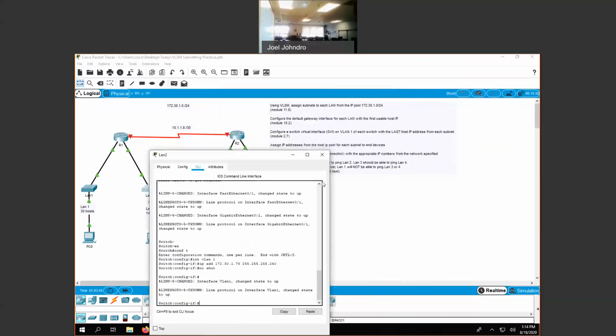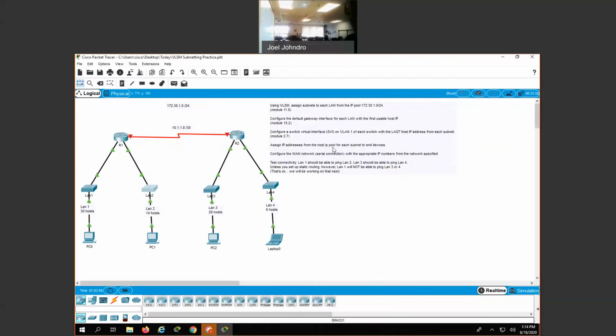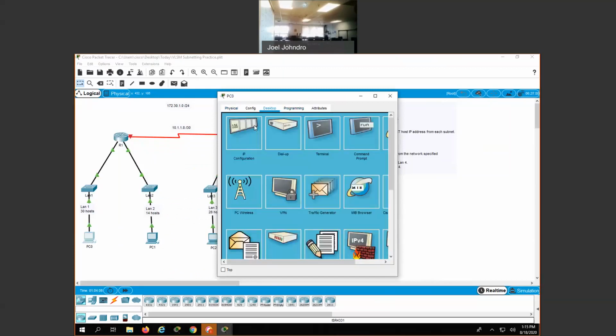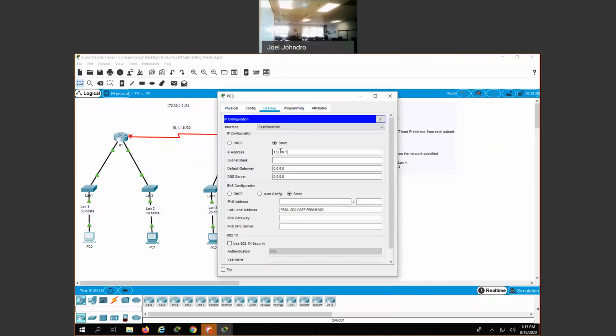Assign IP addresses from the host IP pool for each subnet to the end devices. And this is where you need to know your range. This is in LAN 1.